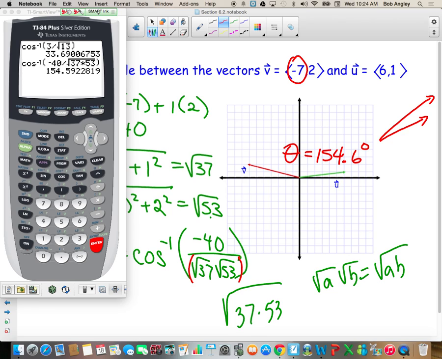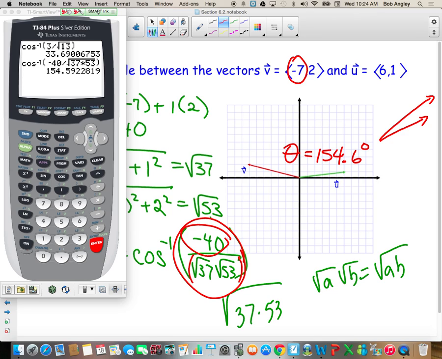Is it because the inverse cosine is negative? Okay, it is because the inverse cosine is negative. Now, look at this thing right here for a minute. Do you see that the part of that makes this negative is the dot product being negative right there? Because the square root is going to turn out to be positive, right?